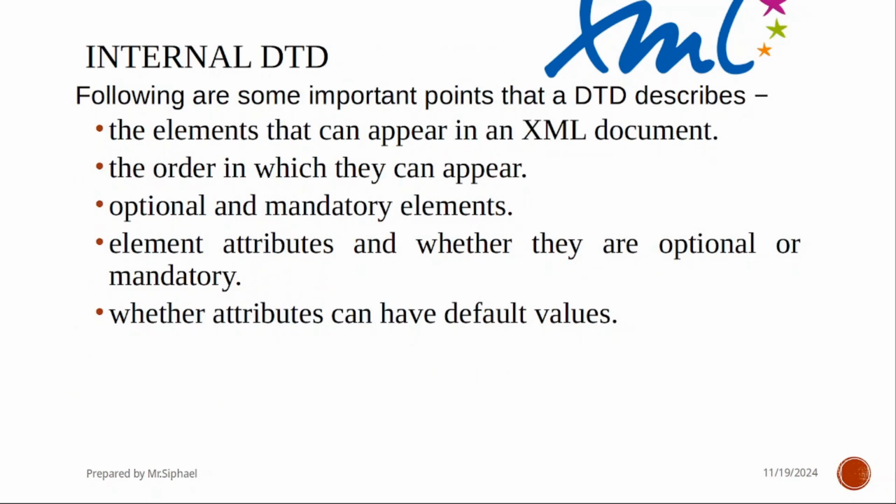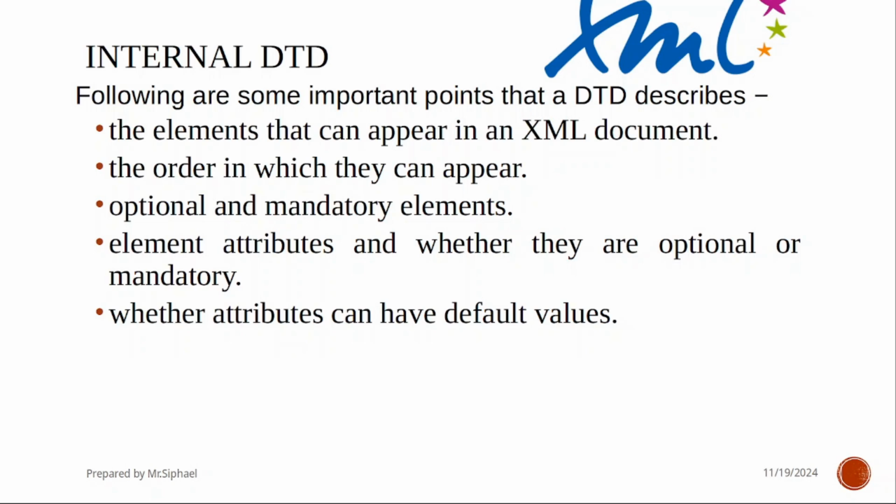Following are some of the important points. A DTD describes the elements that can appear in an XML document, the order in which they can appear, optional and mandatory elements, attributes and whether they are optional or mandatory, and whether attributes can have default values. So when you're doing a DTD, these are things that you can do with it.